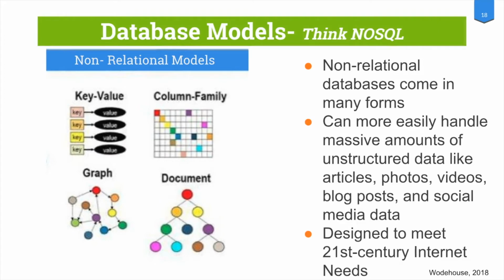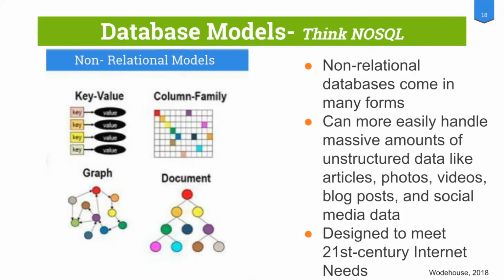And that's where non-relational databases came into being. Non-relational databases are extremely varied in their structure, and thus they are more reasonably defined by what they have in common. The first thing they have in common is that they do not use the relational model.